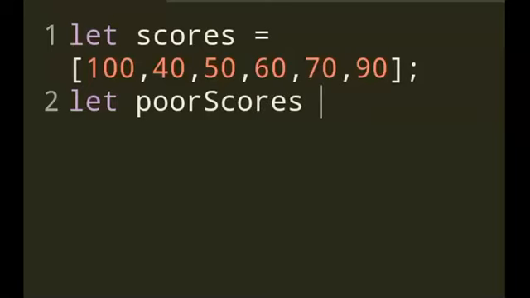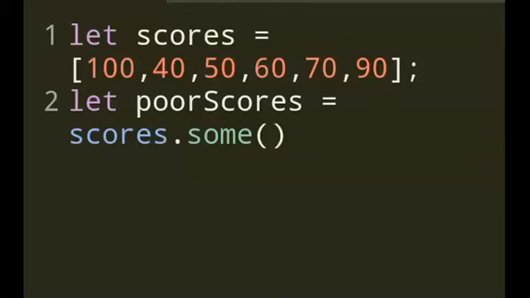So how do you find the poor scores, and what's the condition? First, the callback function. You'll be using the some method, attaching it to scores. So scores.some.